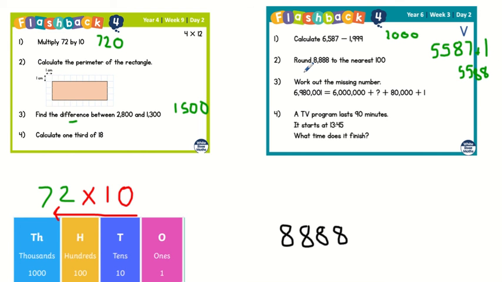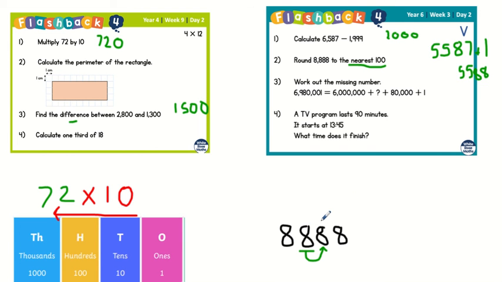Let's remind ourselves now how to round in question 2. Round 8,888 to the nearest hundred. Now, if I'm rounding to the nearest hundred, I start by finding the digit in the hundreds column. Ones, tens, hundreds. 8. Now I'm going to look next door. 0, 1, 2, 3 or 4, I would stop and stay the same. 5, 6, 7, 8 or 9, I would round up.